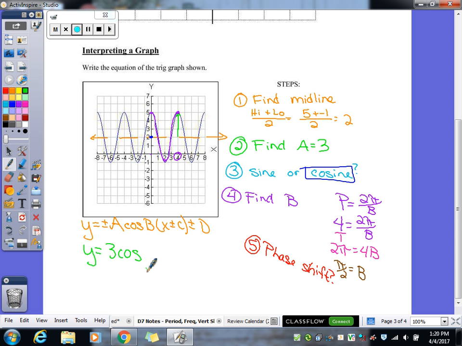We found our B value to be pi over 2. And then we'll put the x after it because we said there was no C. There was no phase shift. So I don't need the parentheses around that. And then our midline, our D value, was the very first thing we found, was a plus 2. So that would be the equation of our curve there. All that work for that.